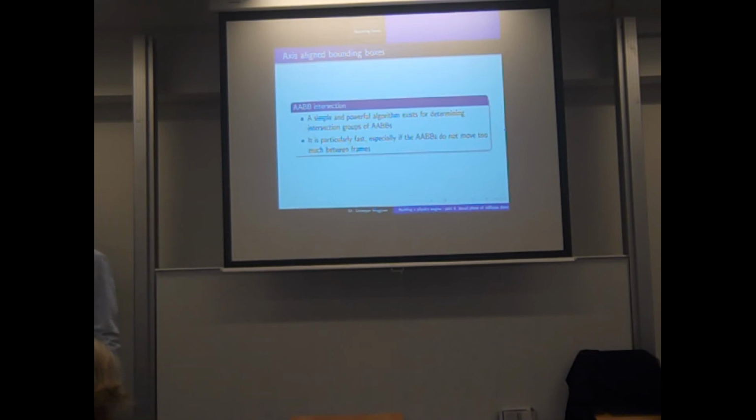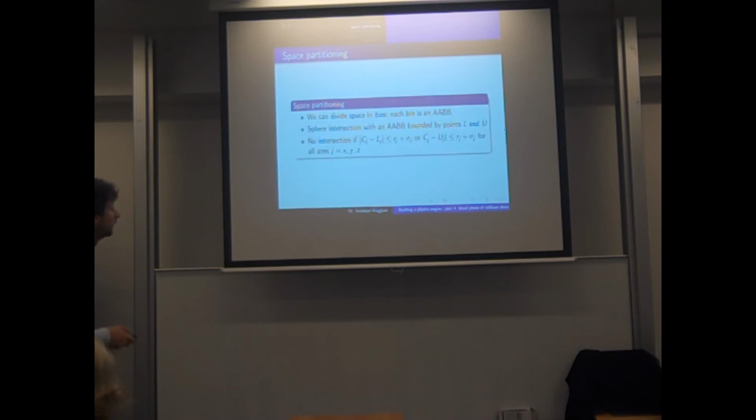Can I ask a question about space collision? Yes, of course. What do you do with moving objects? Do you place them in bins every tick, or do you keep track? An object that moves goes out of bins and into bins again.